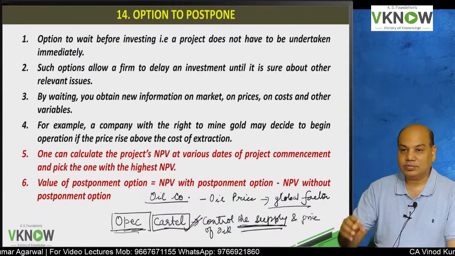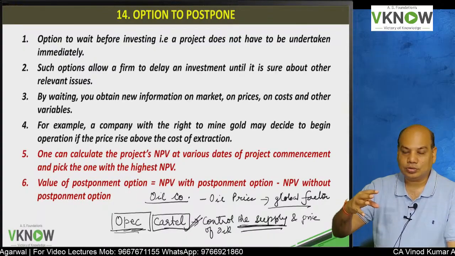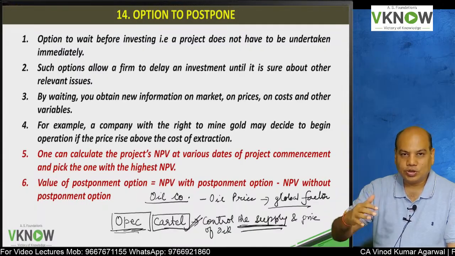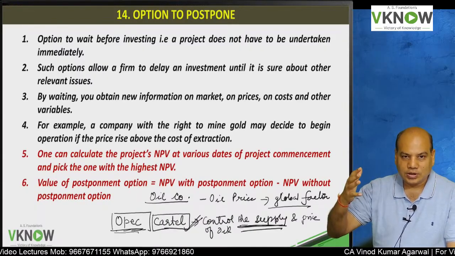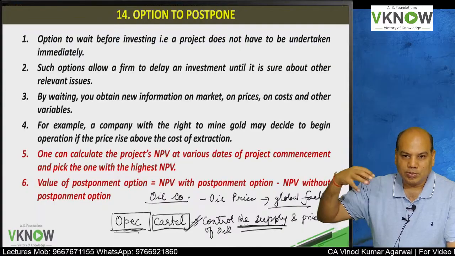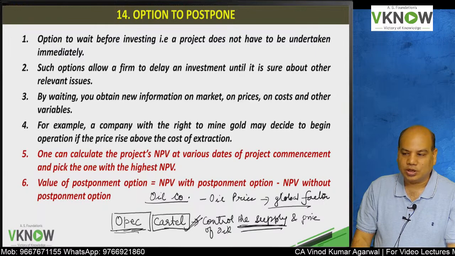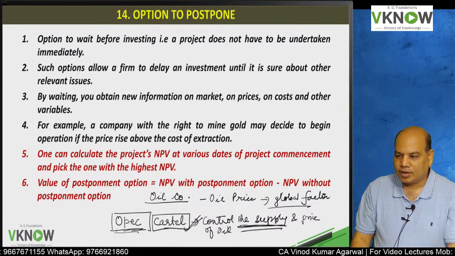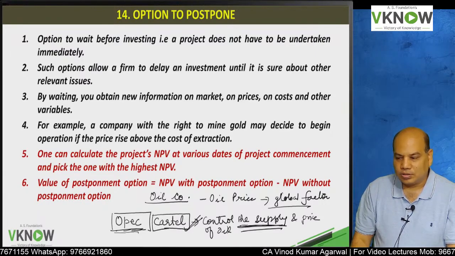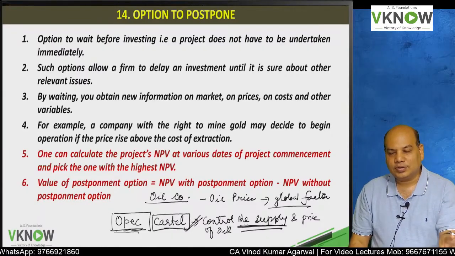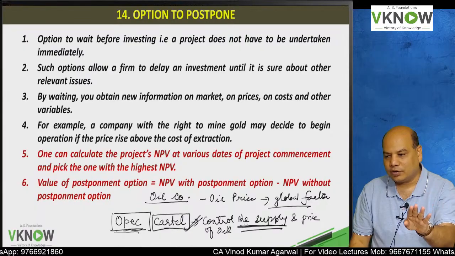By next year, I will get to know whether the cartel has decided to reduce or increase the supply, and accordingly I will be able to compute my cash flows more accurately. So I will either open the oil company now and start working on it, or I may wait for 1 year.